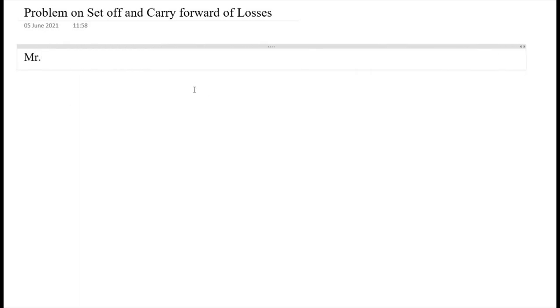It's an example of a problem on set off and carry forward of losses. The question is: Mr. Tejas furnishes the following particulars of his incomes for the assessment year 2021.